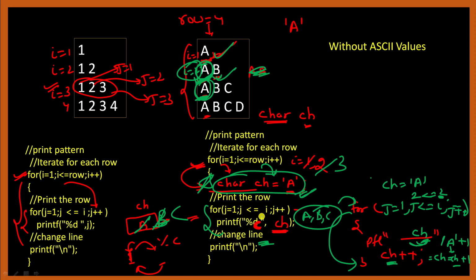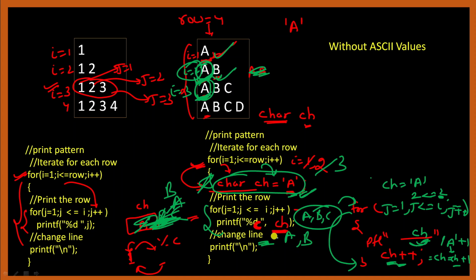Now when we come here again, for i equal to 3, this loop will run 3 times, and in the same way this will be done, right? Again, the previous thing was updated by a this time. Now here, the first time a will be printed, then next time what will be done, because we will be doing ch plus plus every time, after printing this a, we will be updating it to b. For the next iteration we will be printing this b value.